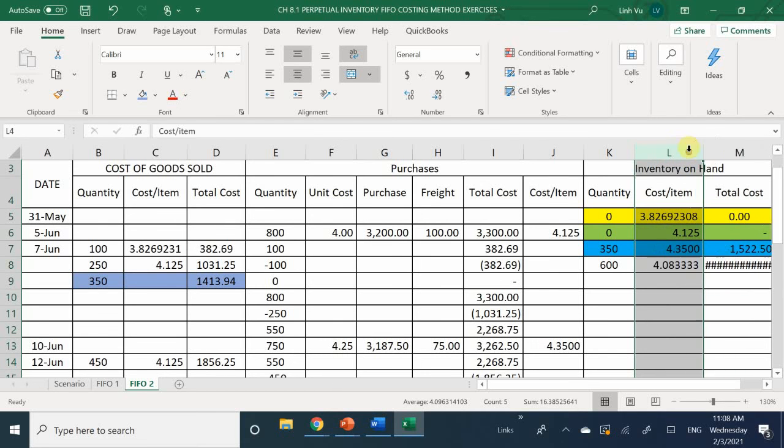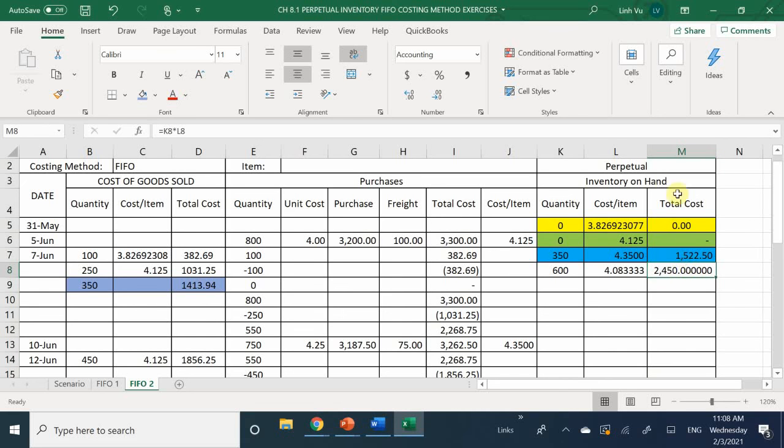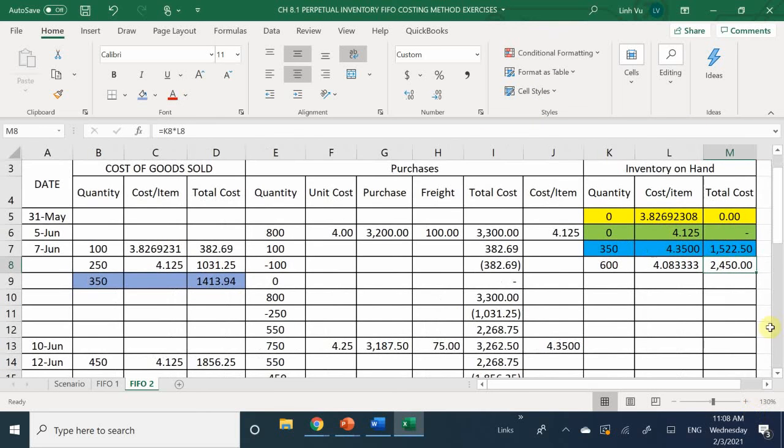I can't do this. There you go. And then I'm just going to have to shrink this page just a little bit so I can... So it should be 2450. Oh, that's why, because this number's extra long. There you go. Now I'm going to go ahead and shrink this back up, okay? So there you go. All right, so now that we have this, good.